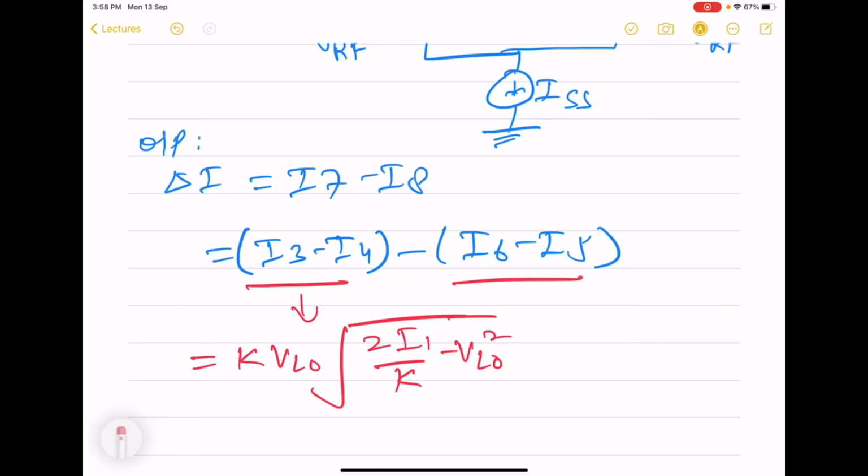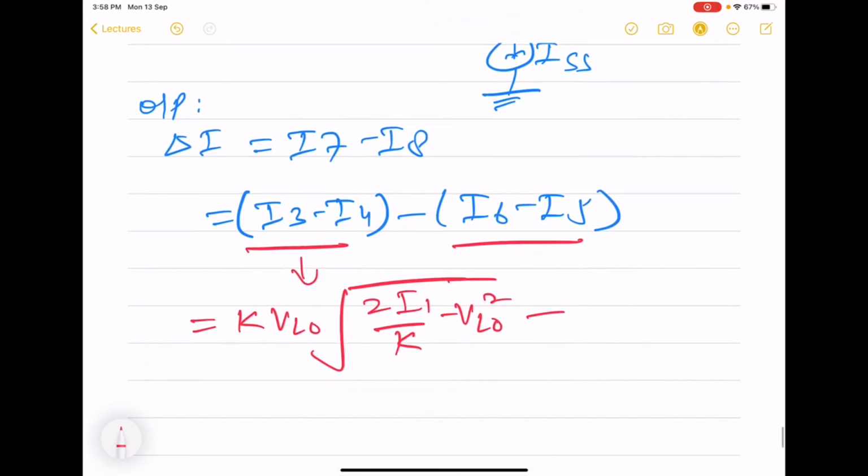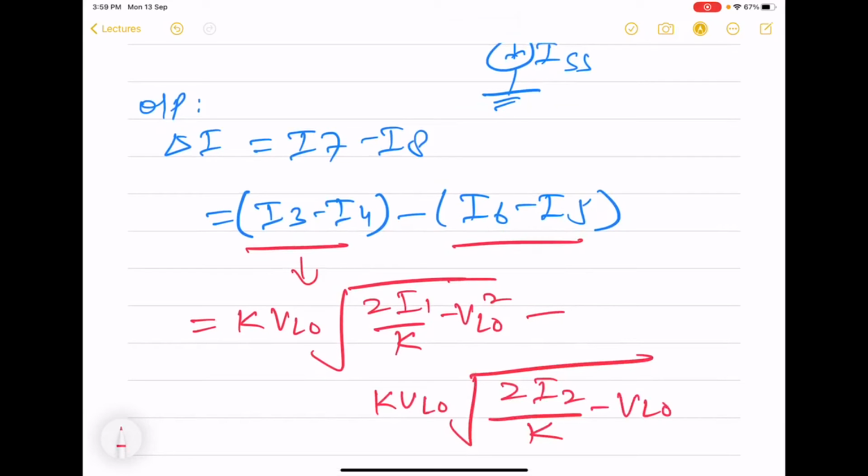But now we don't want to neglect this VLO, we want to keep the equations exact. So for the second one, we get K VLO into square root of 2 I2 by K minus VLO square. So this is the final output current.